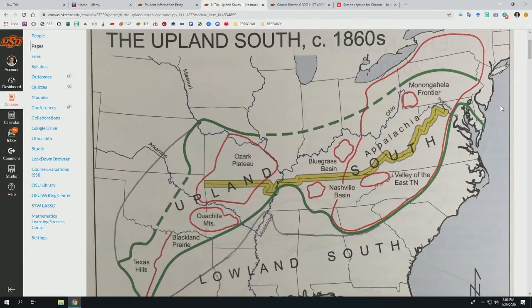And so here we have in the Bluegrass Basin the early development of crops like tobacco, all right? So it's an early inland tobacco production area. And in addition to tobacco, there are other crops that are experimented with, including things like flax.